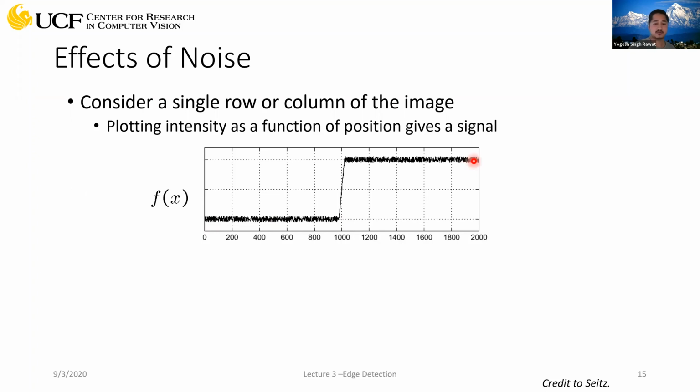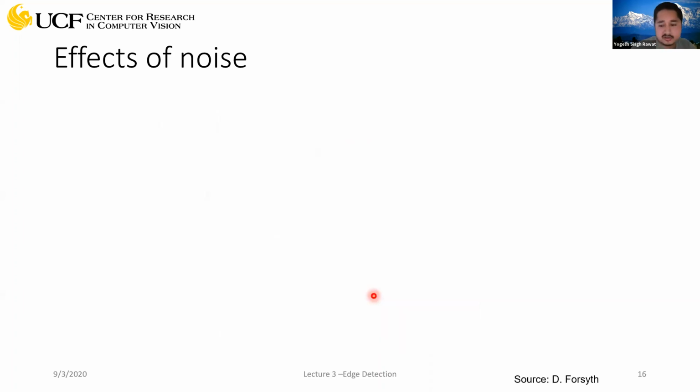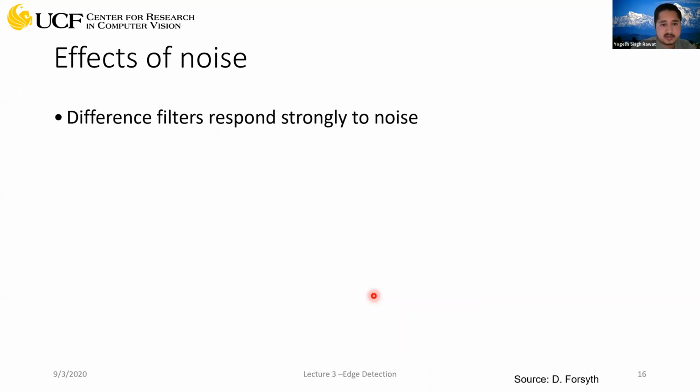But if you compute the derivative of this function, this is what you will get. Earlier you were getting a nice peak at this location when you computed the derivative. But look at this, this is useless, right? You can't detect any edges. As a human, if you look at this plot, you can easily say, okay, here's the edge. But computers can't do that. So that's a big challenge.